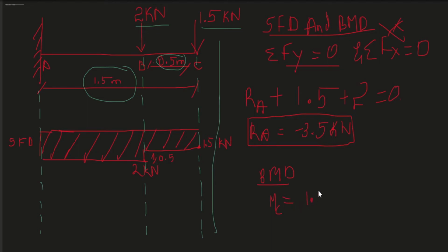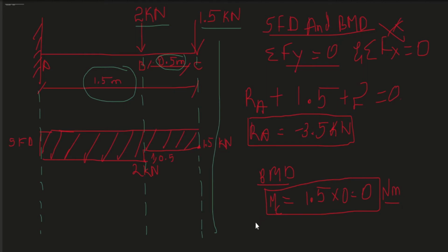It is 1.5, but the distance is 0. Therefore, the bending moment at point C, you will get as 0, since the distance is 0. So 0 kilonewton meter.